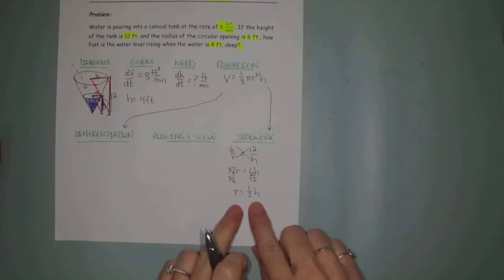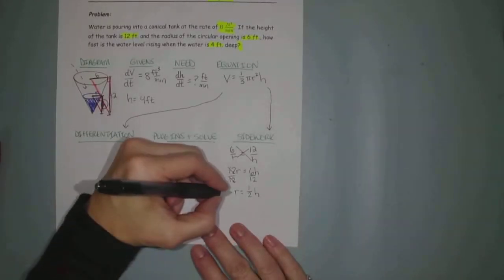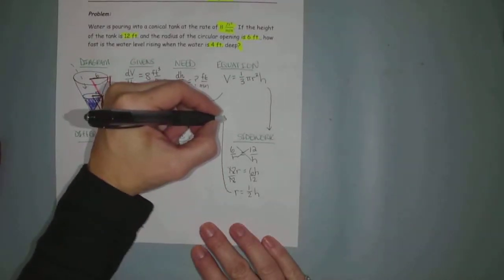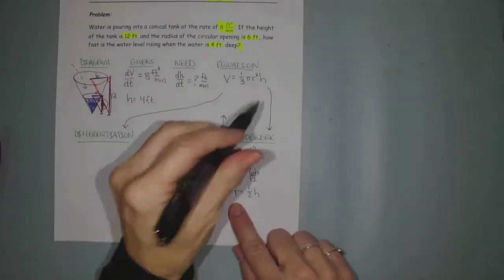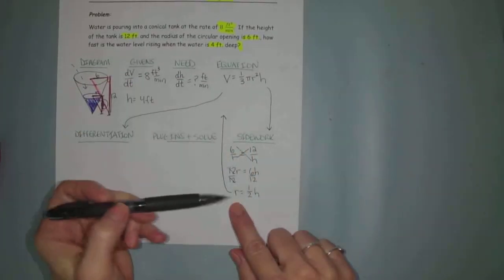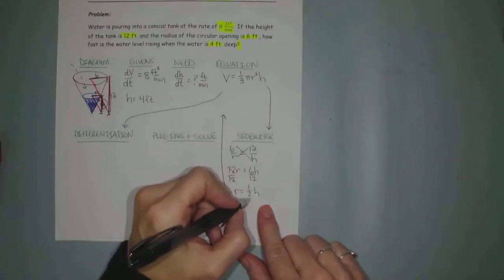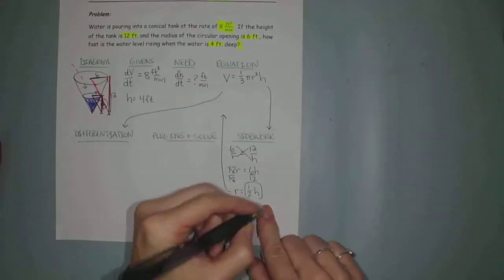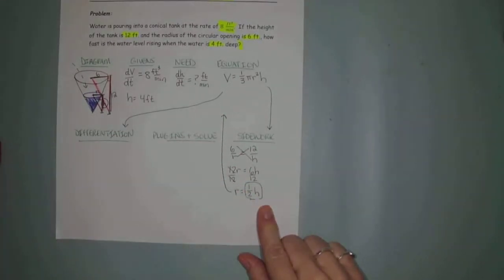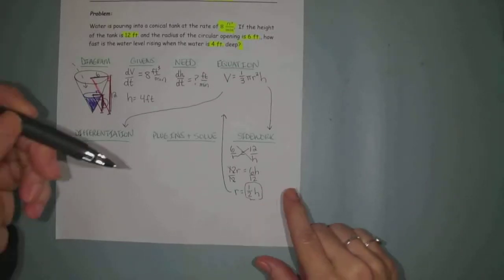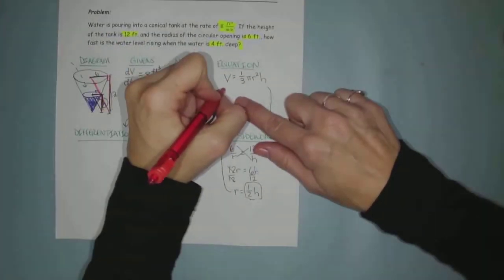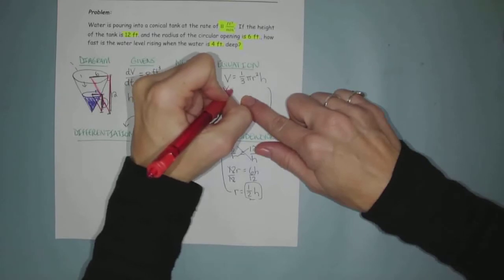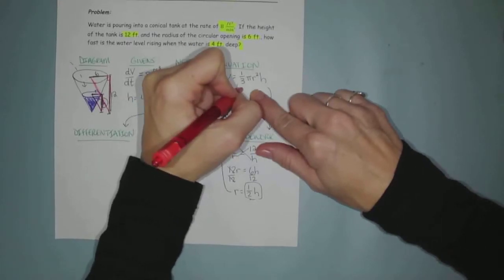Now, the beauty of that is I take this back up to my equation. Where the r is, I'm going to replace it with what r is, which is 1/2 h. So it will look like this. Let me change colors here. So I have V equals 1/3 pi.